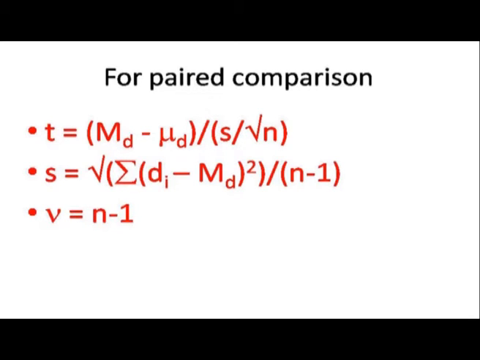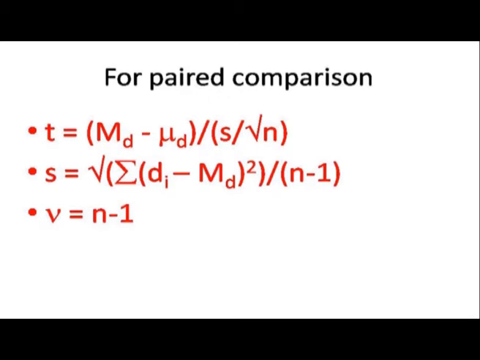Here S is sigma, actually this is S square. S square is sigma d minus m d whole square. D is the empirical difference and m d is the mean difference.